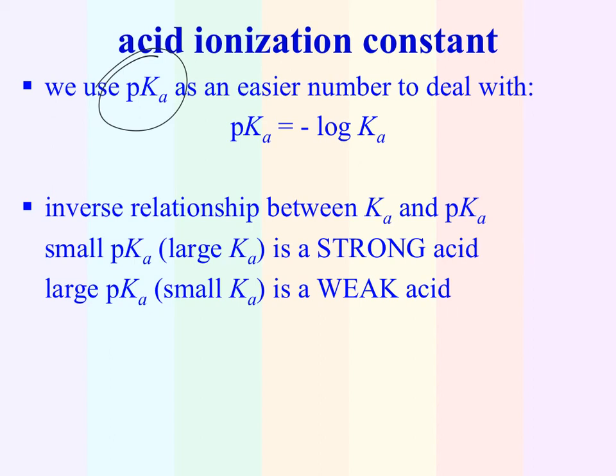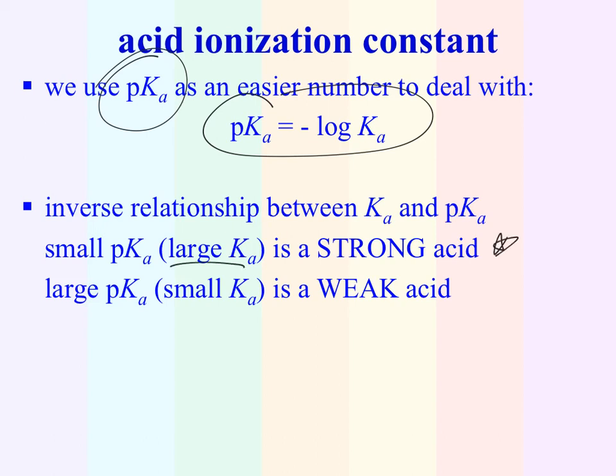It's not some crazy long decimal or super small number with exponents. Okay, and basically we calculate pKa by taking the negative log of Ka. So pKa and Ka are inversely related with respect to the strength of your acid.